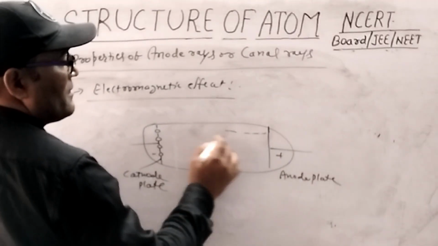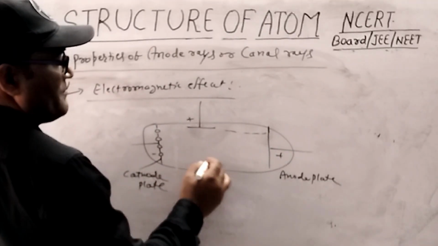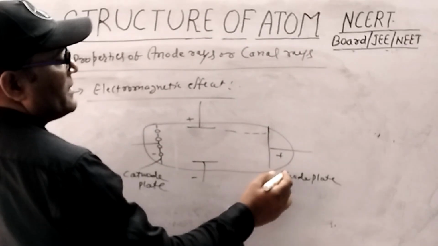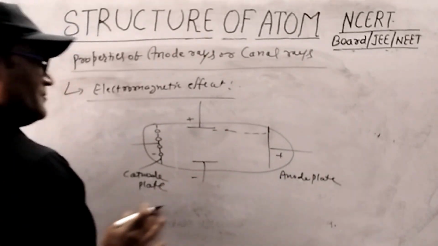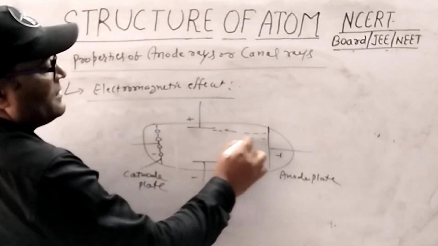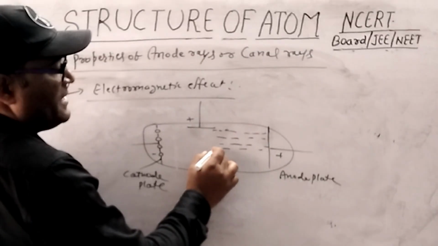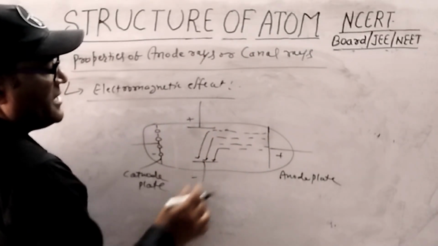Now, in an electromagnetic field, anode rays pass through a vacuum tube, then they are deflected towards the negative plate.